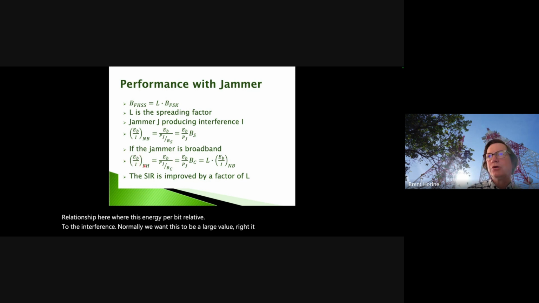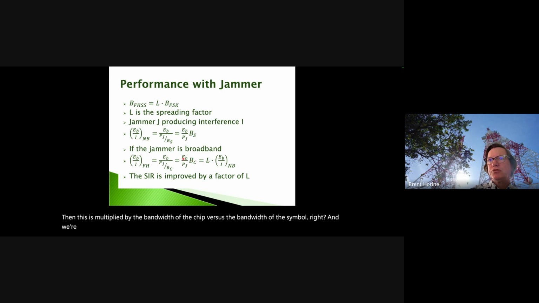It makes it easier to demodulate. Then this is multiplied by the bandwidth of the chip versus the bandwidth of the symbol, right? And we're going to spread it, so that is now L, right?